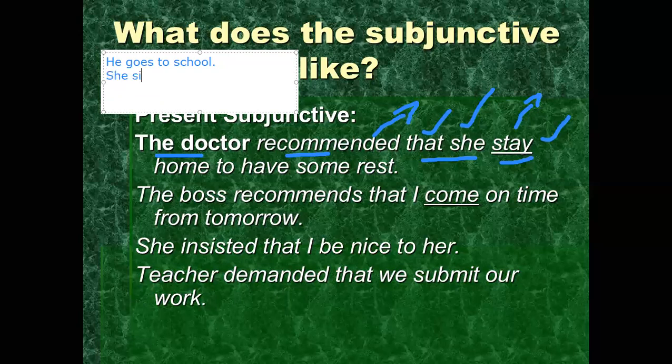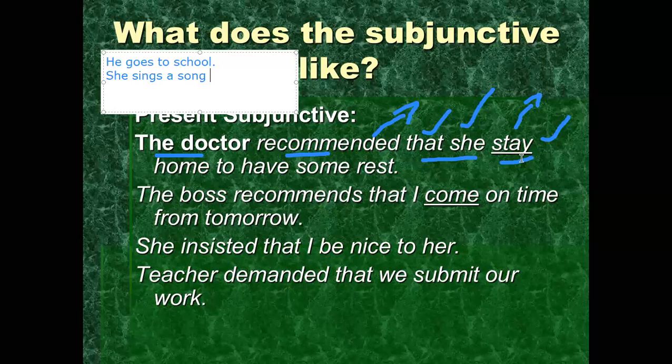She sings a song. So he is the third person pronoun, she is the third person pronoun, and we can see when we are using the first form of the verb, we add s or es to those verbs. Whereas we can clearly see that in case the sentence is in the subjunctive mood, we don't have s or es in the base form of the verb.